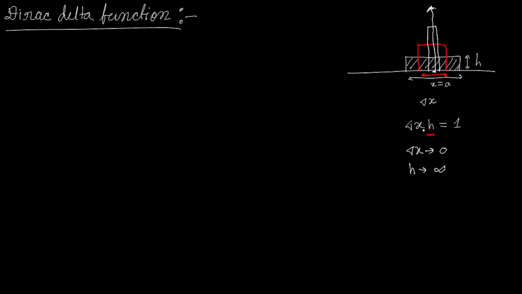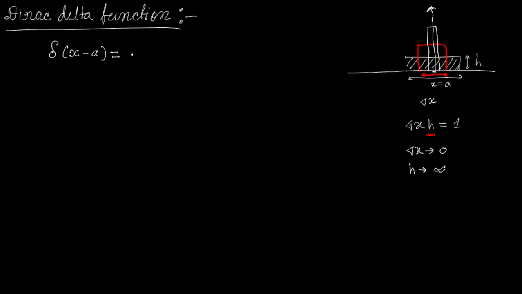This type of function is called the Dirac delta function. We represent it in this way, delta of x minus a, which gives the location where the peak is located.